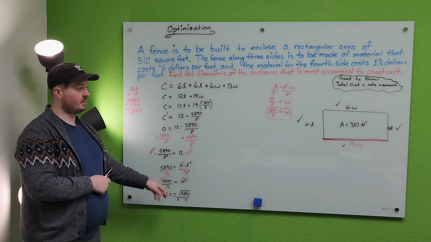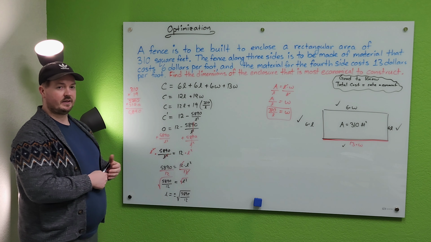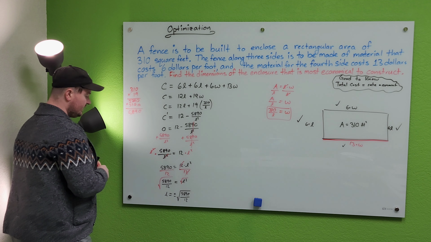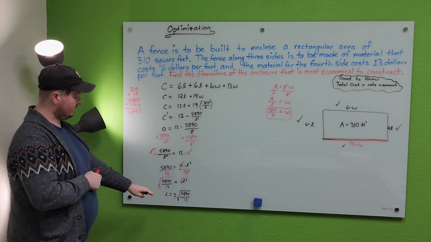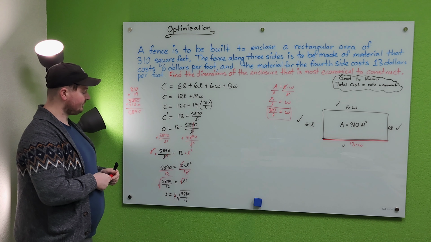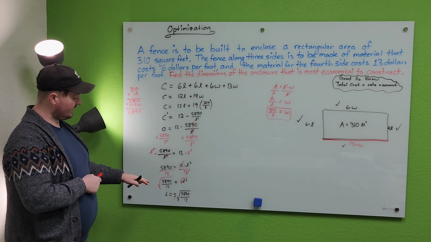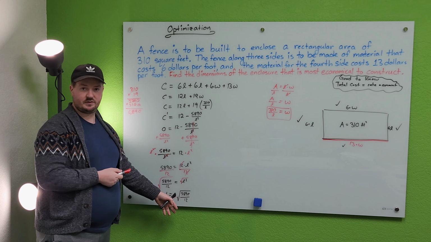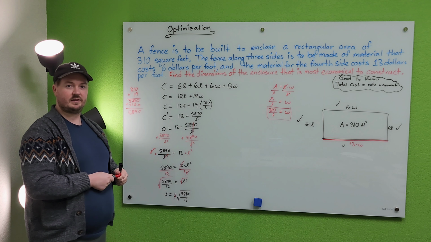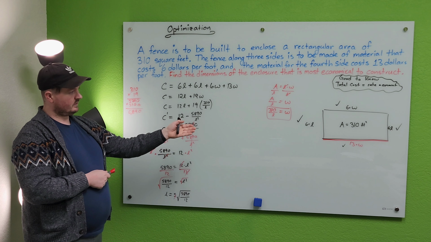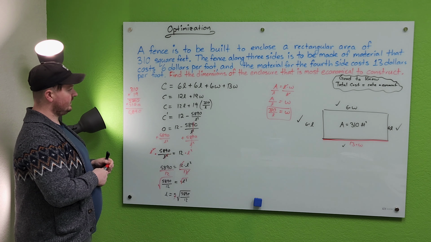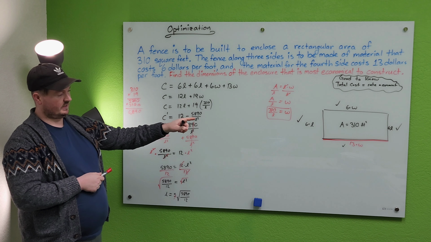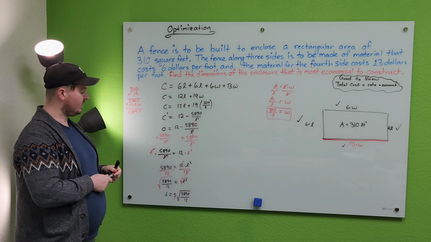Well, L represents a length, and length is always positive. So that means we are going to stick strictly with the positive answer here. So it may be hard to see, because it's a root, but this is the length of the enclosure that minimizes the cost while still maintaining the appropriate area.